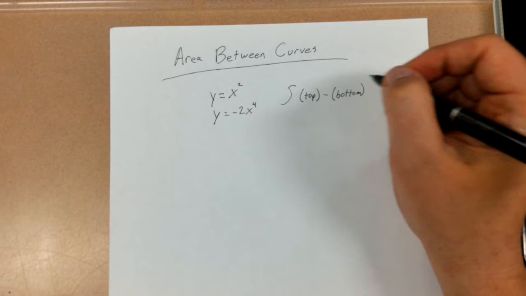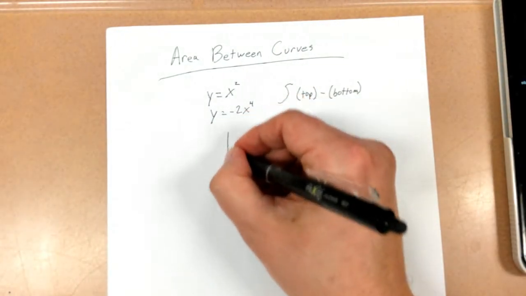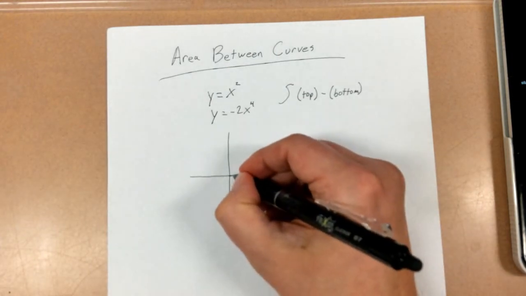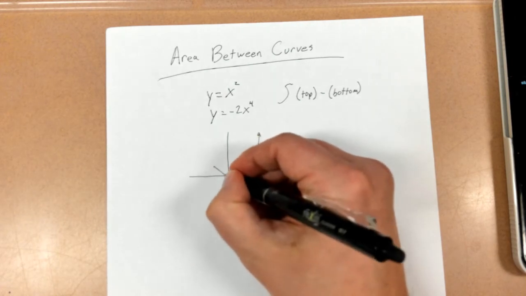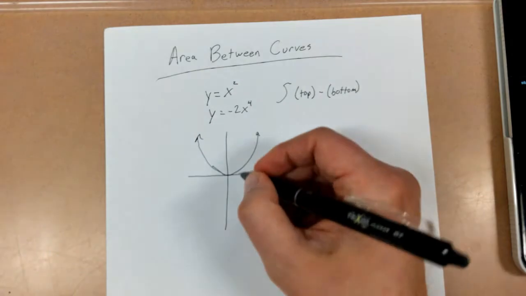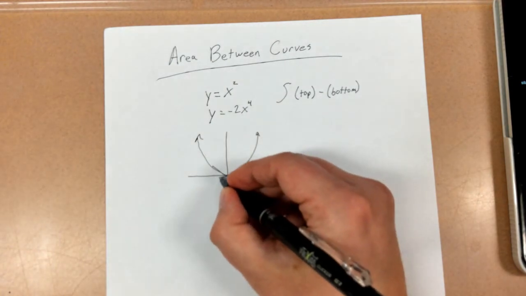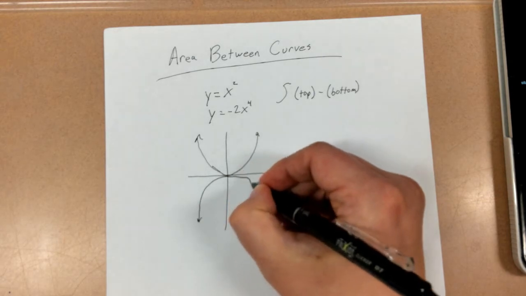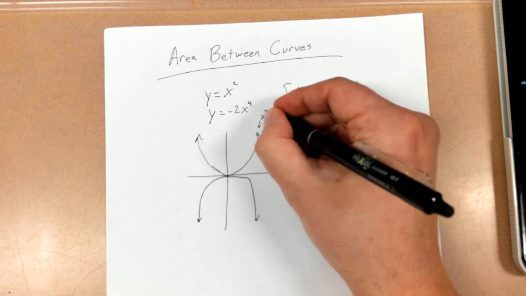So just in drawing this picture, I'm only going to do part of the area between because I don't need to do the whole thing. I'm going to do a graph of x squared, which is going to be a parabola, and then this will also be a wider parabola, kind of coming down. This top equation here is going to be x squared.